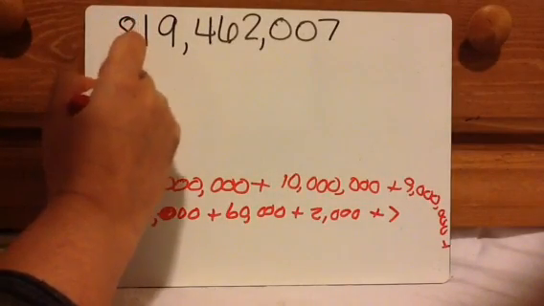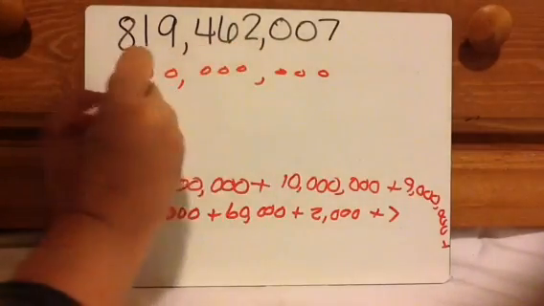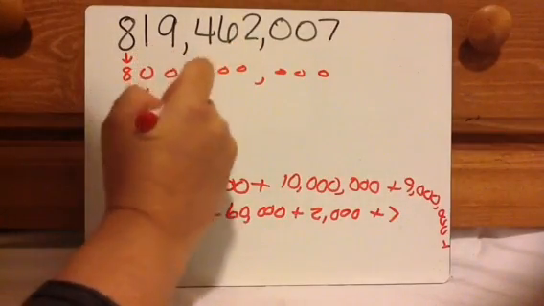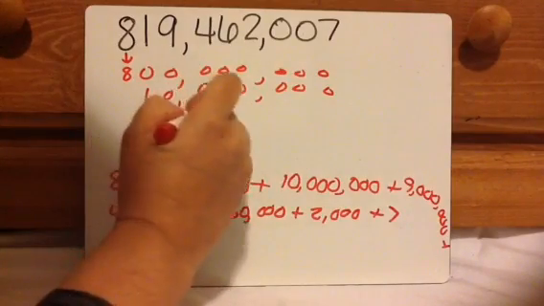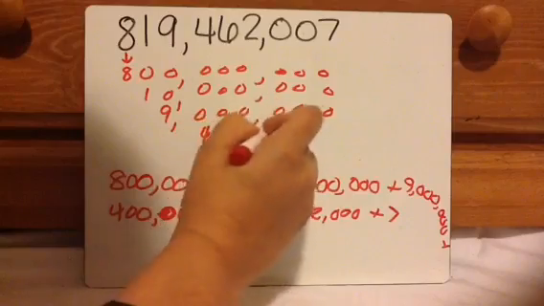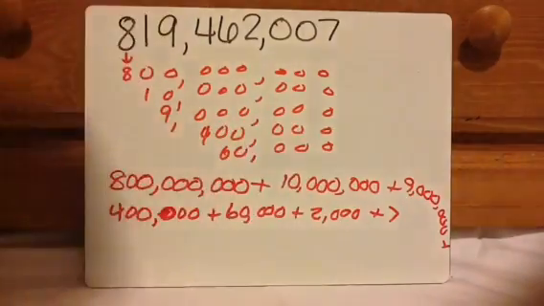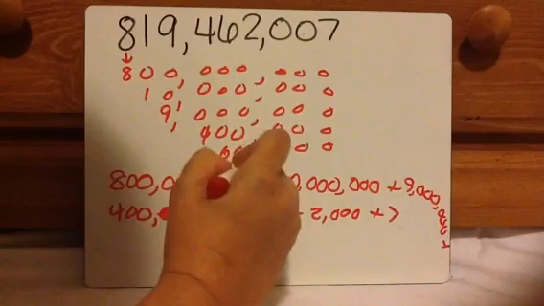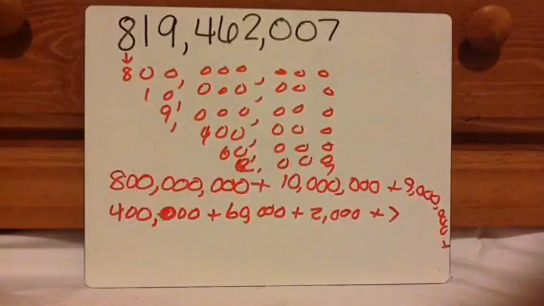You can bring down the first digit, then bring down the next digit, replace everything else with zeros. Okay, I'm running out of space, but you get the idea. And then you can add them up and see if you got the same answer.